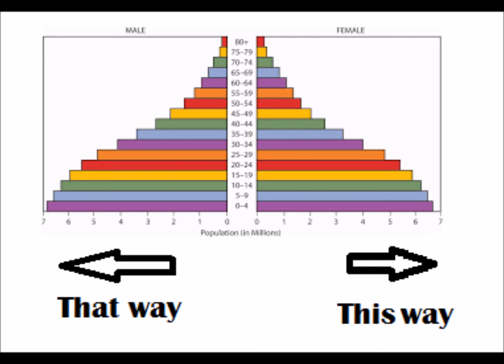And you'll notice that between 0 to 10 and up to about age 20, you have the largest body of individuals within the population. This is referred to as the dependents.